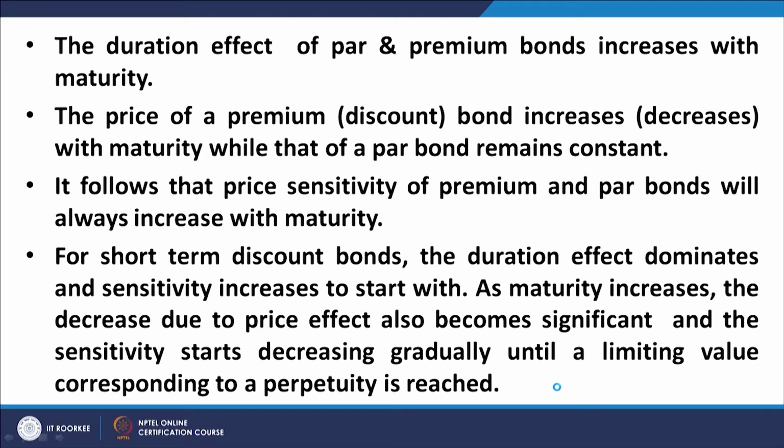The behavior involves two things, as I mentioned earlier. One is the price effect and the other is the duration effect. We talked about duration, that the duration initially increases and then it tends to decrease. The price of a discount bond decreases as maturity increases.